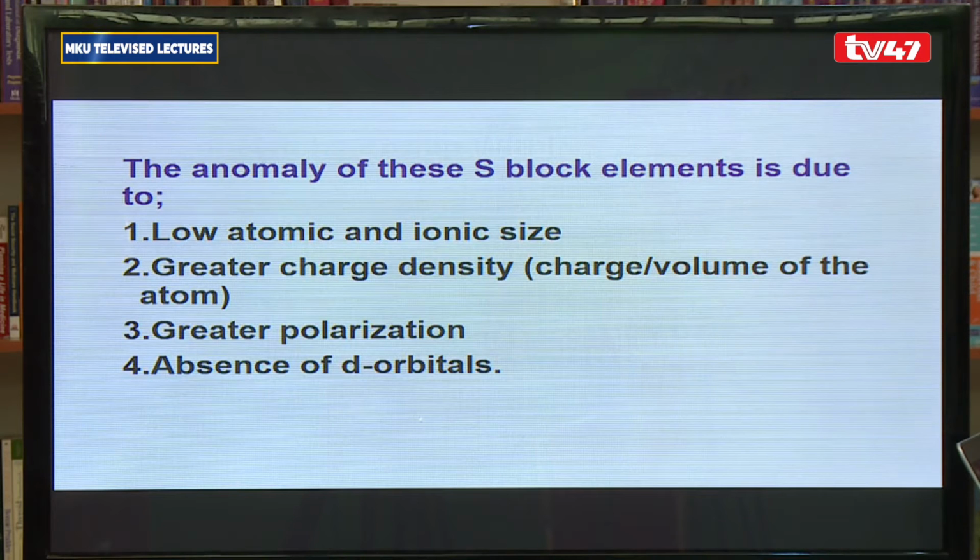They also have a greater charge density, high polarization power, and they lack d orbitals. Because of these properties, the first element of every group shows abnormal behavior compared to the other heavier congeners.